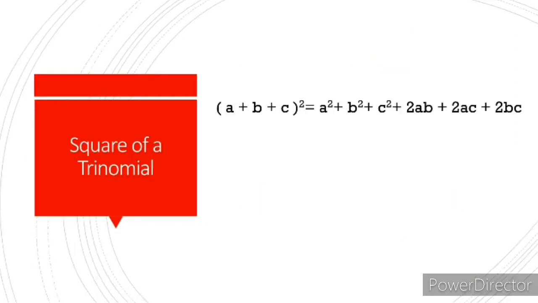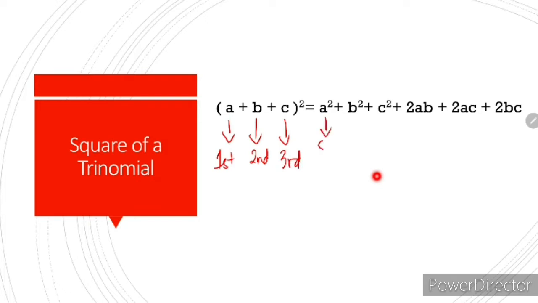Now, let us talk about the square of a trinomial. So, we have quantity a plus b plus c squared is equal to a squared plus b squared plus c squared plus 2ab plus 2ac plus 2bc. Okay? Here, a is our first term, b is our second term, c is our third term.